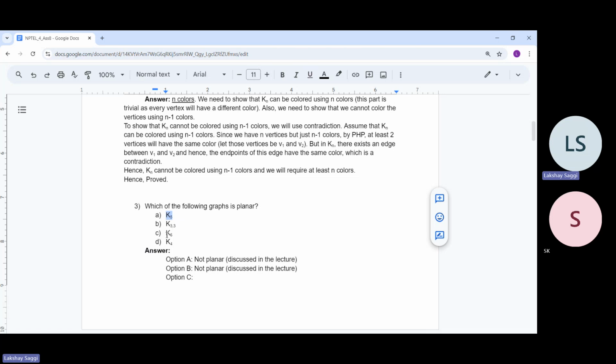So K5 is just a subgraph of K6. So if the subgraph itself is not planar, the supergraph also cannot be planar, right? So that's why this is also not planar, as K5 is not planar.